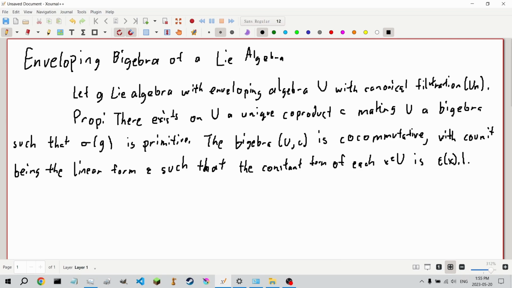So essentially epsilon is just returning the constant term, and then we can put it back into U by multiplying by the unit, which means that the canonical filtration Un of U is compatible with this bigebra structure.